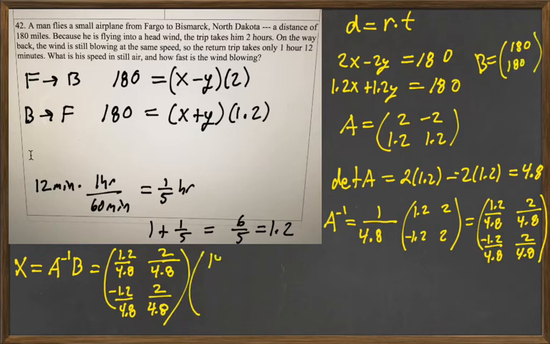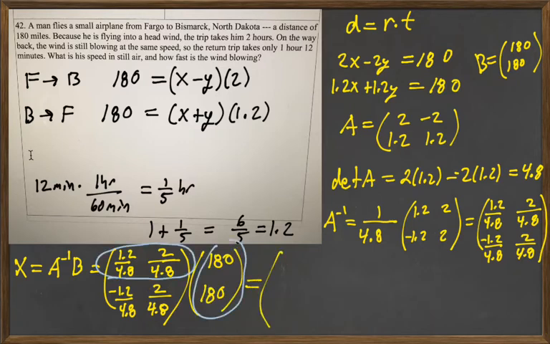Now row 1, column 1: 216 over 4.8 plus 360 over 4.8. After simplifying, that gives me 120, so the speed of the plane is 120.